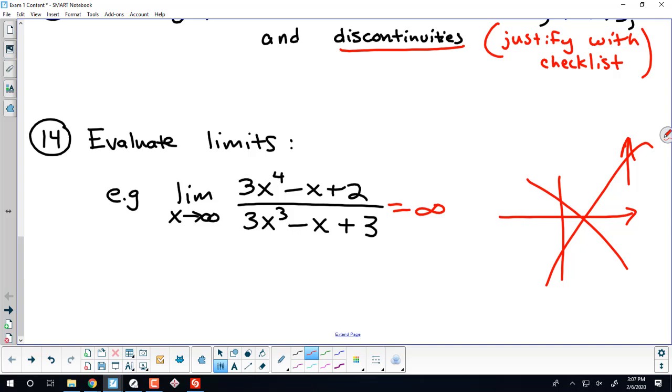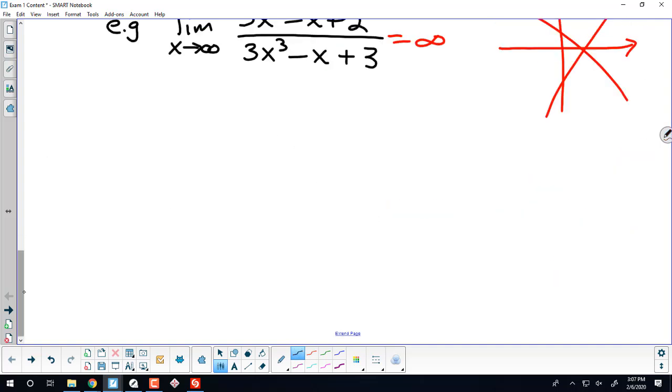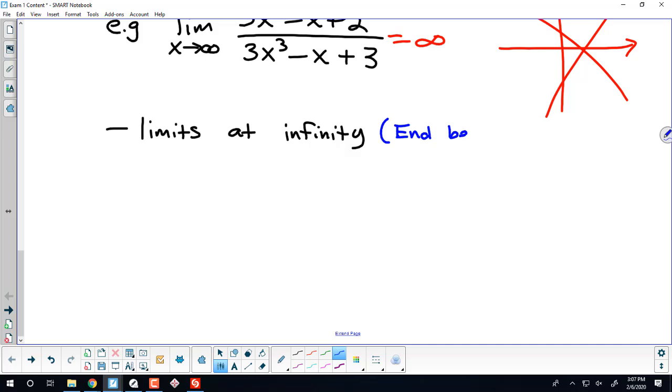Okay, so the limits we looked at, there were many limits. We looked at limits at infinity. And this was also end behavior. So again, if the question says state the end behavior of this function, you should know to compute the limit at infinity and the limit at negative infinity.